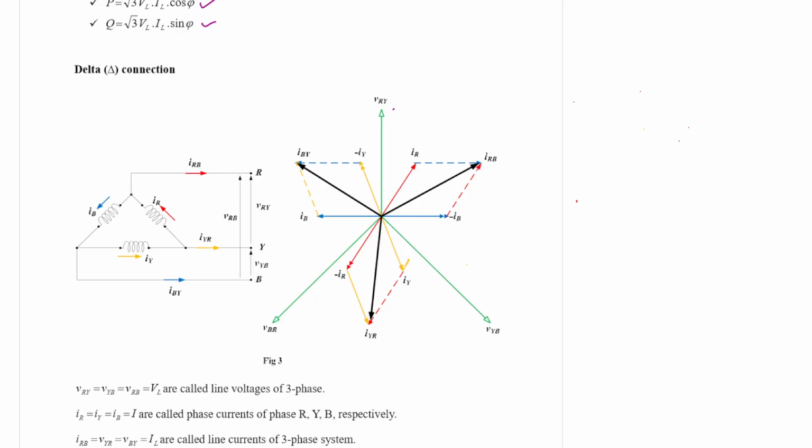Now, in the present session, we shall discuss the second type of network, which is called delta connected network, or sometimes called pi connected network. So, this figure 3 is the delta connected network.